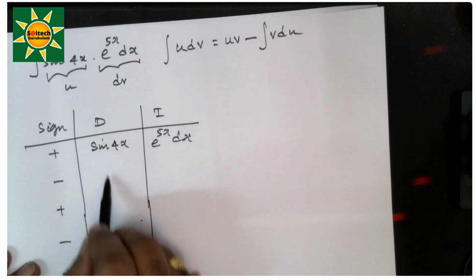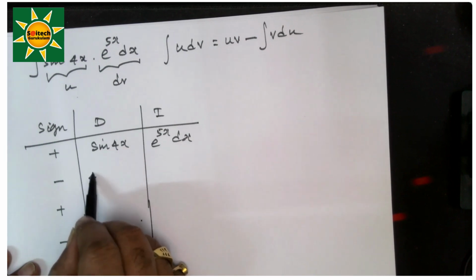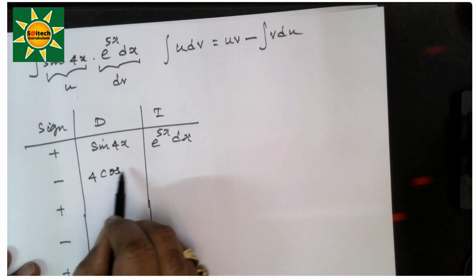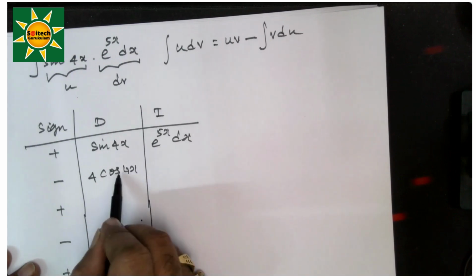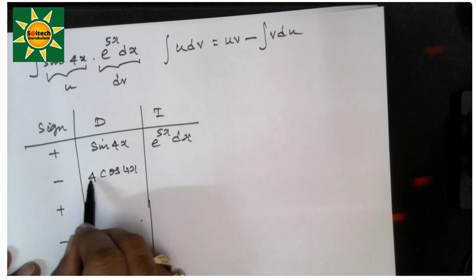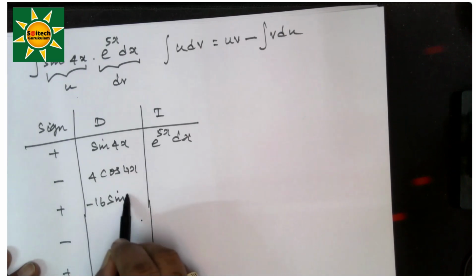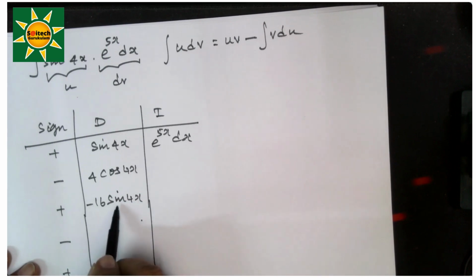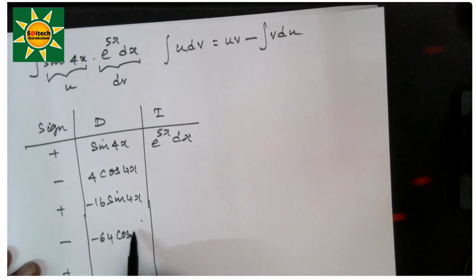Now let us proceed with differentiation. Now sin 4x becomes 4 cos 4x on differentiation. Again cos becomes minus sin, so 4 4s are 16, so minus 16 sin 4x. Again 16 into 4, 64, so minus 64 cos 4x.